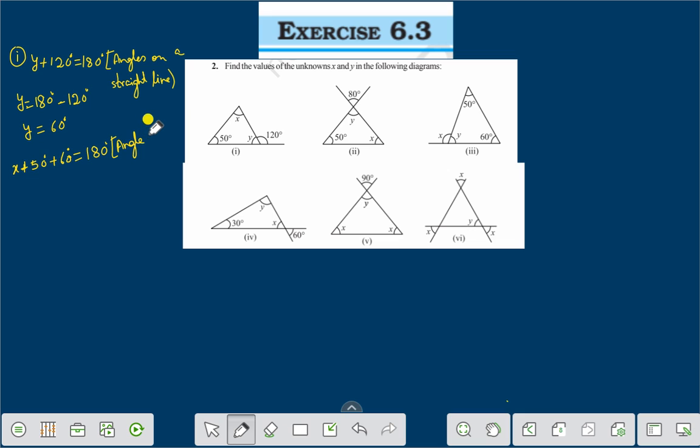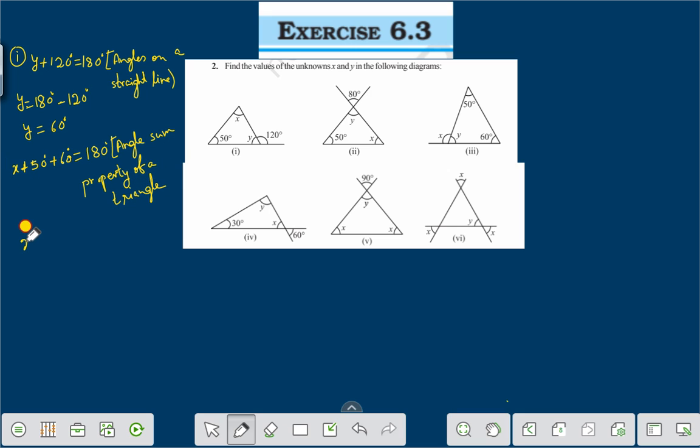Angle sum property of a triangle, right?